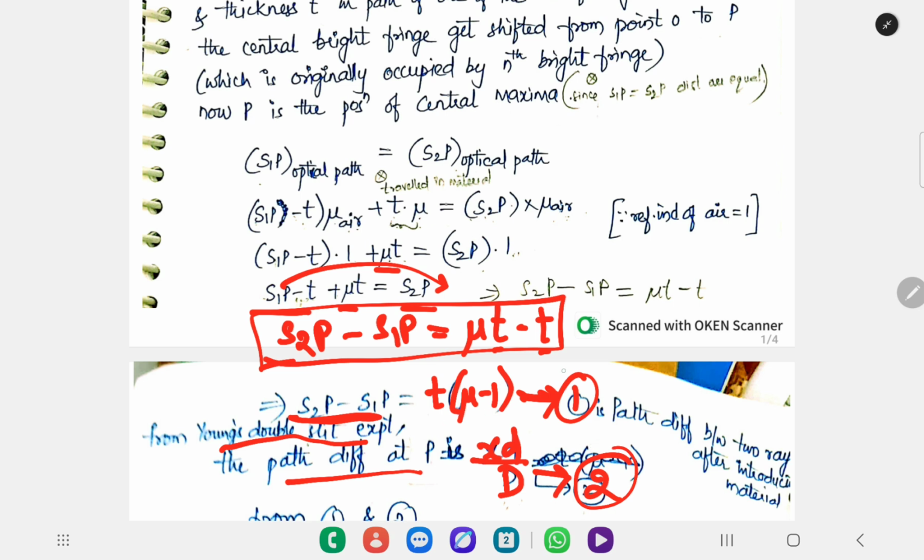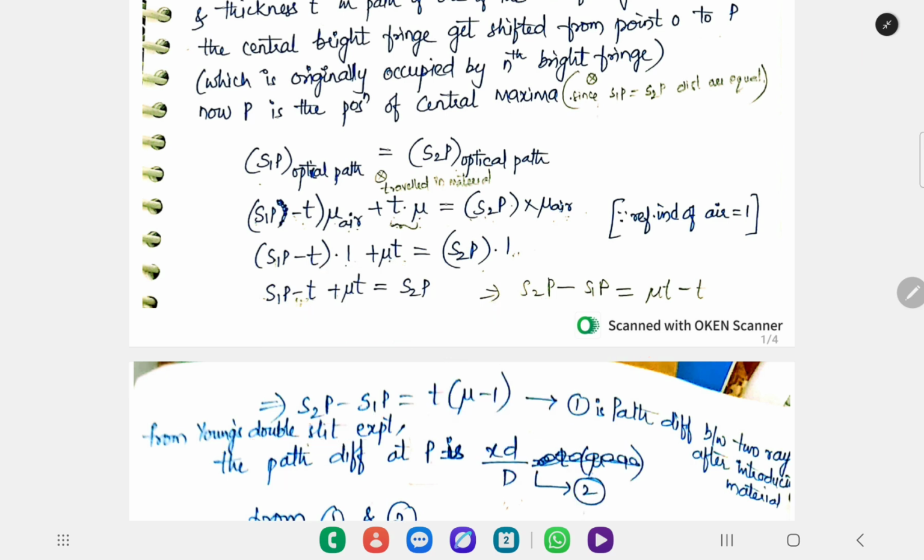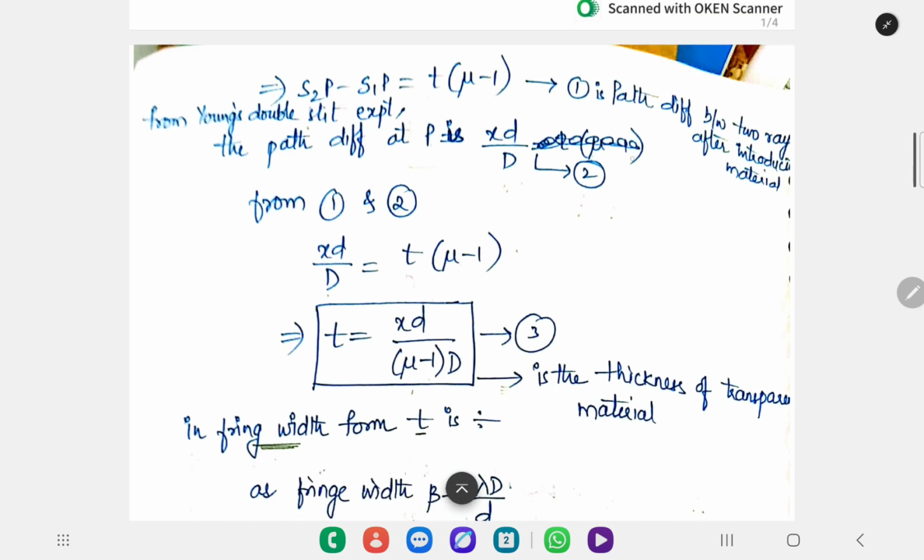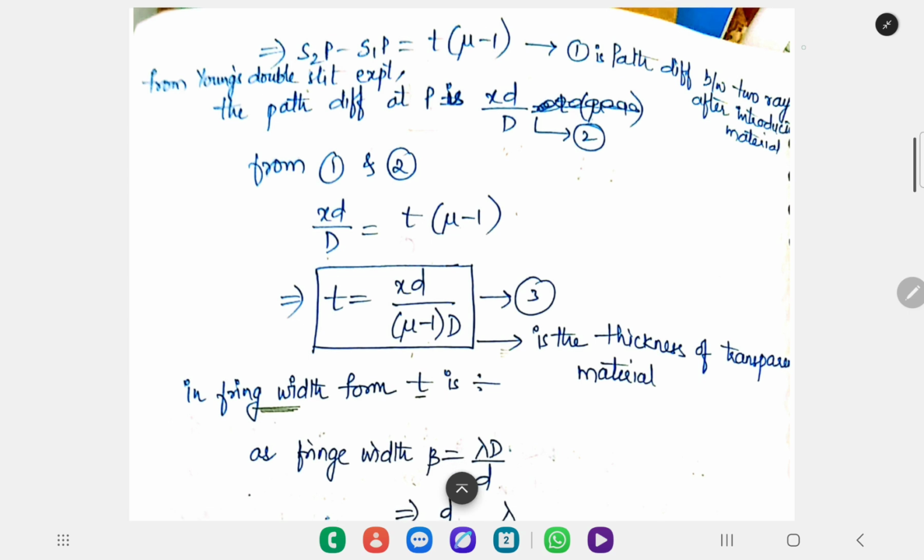We have two equations. This is also S2P minus S1P, because this is also a path difference. Let us equate these two equations, the first and the second.